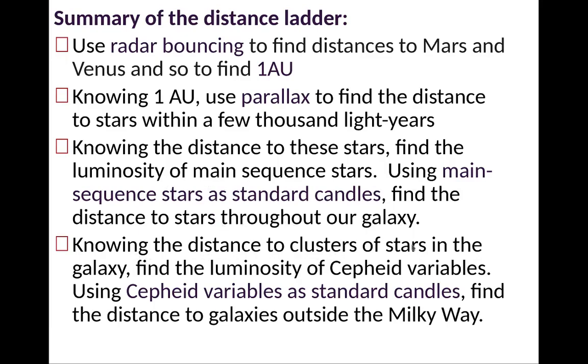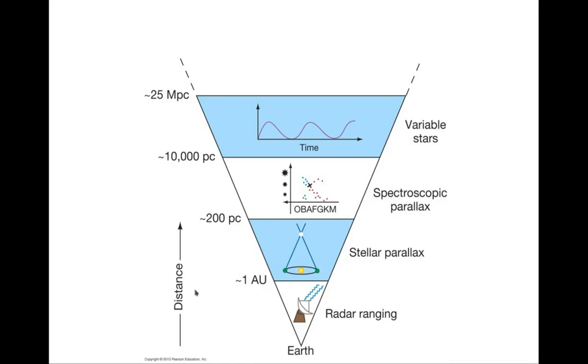Once you know the distance to cluster stars in the galaxy, find the luminosity of Cepheid variables. Using Cepheids as standard candles, you can figure out the distance to galaxies outside the Milky Way. So this is really critical. The Cepheids are the key that allows you to measure distances for galaxies outside the Milky Way. All right, so there's our little distance ladder again: radar, stellar parallax, spectroscopic parallax.